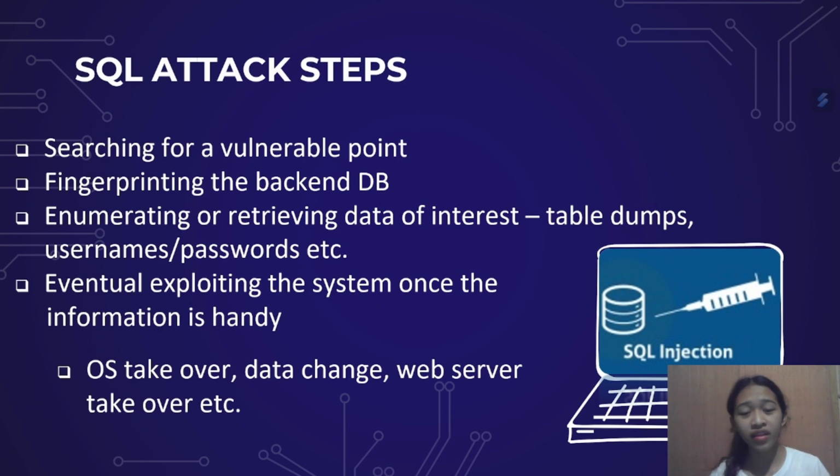Depending on the specific goals of the attacker, they may use the information they have obtained to carry out a range of malicious actions, such as taking over the operating system or the web server, modifying data in the database, or using stolen credentials to access other systems or resources.